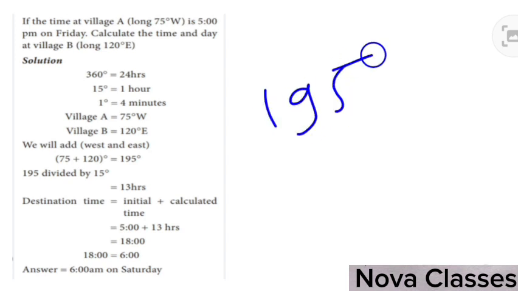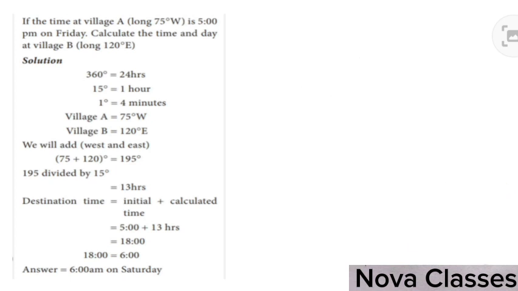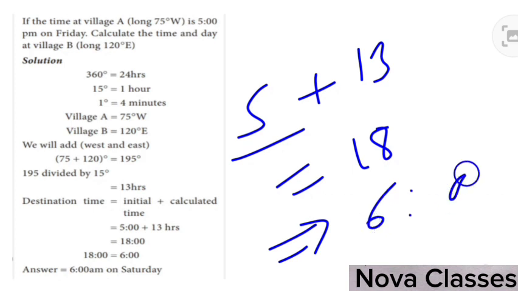So 195 divided by 15, 15 ones are 15, so how many hours of difference is there? 13 hours. So 5 o'clock is the initial timing, and we add 13, so it becomes 18 hours. 18 can be represented as 6 p.m. Okay, yeah, we can say that it is 6 a.m.